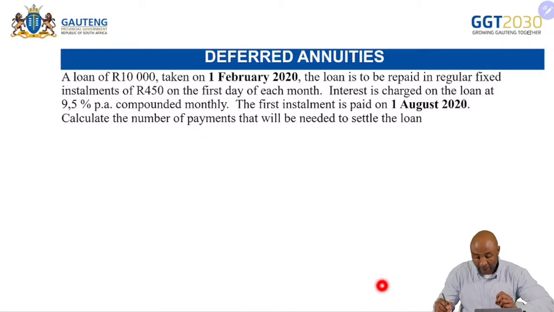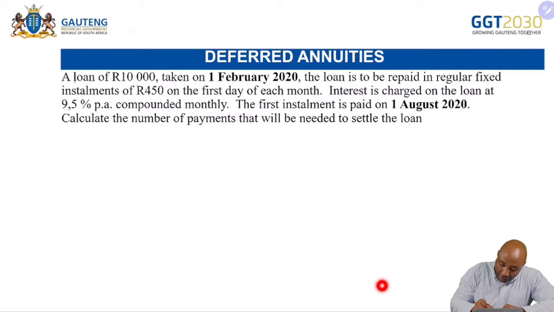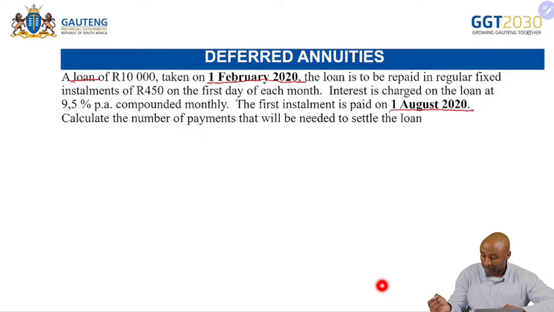Right, welcome back. Now, again, it's a loan, 1 February, first payment 1st of August. Now, you can see the statement, regular fixed payments. It's a present value annuity.